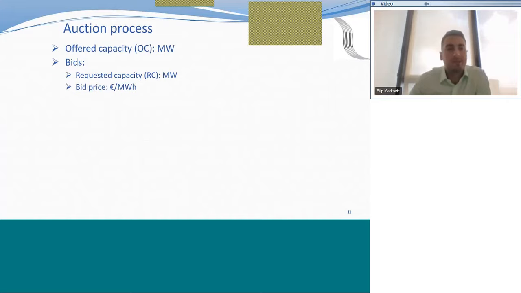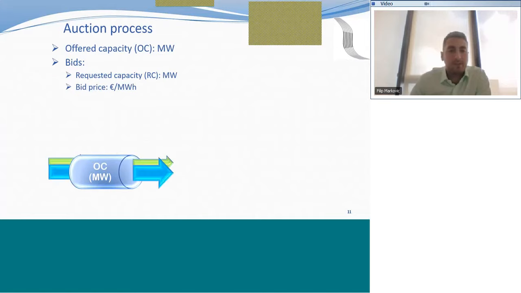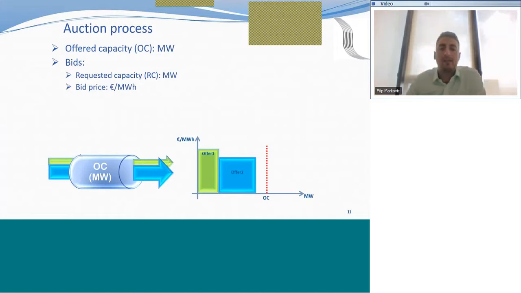Now, description of the algorithm which calculates marginal price with two simple examples. After SEE CAO publishes offered capacities and traders submit their bids during the bidding period, upon gate closure, the clearing algorithm sorts all the bids by bid price in descending order and accepts one by one until all the offered capacity is allocated.